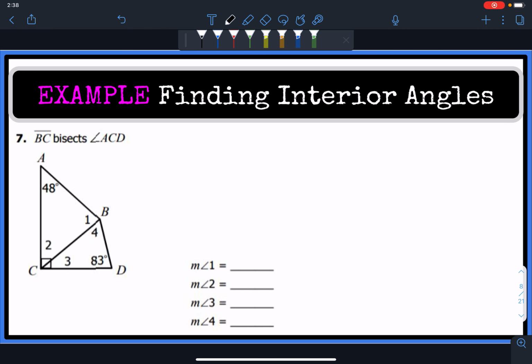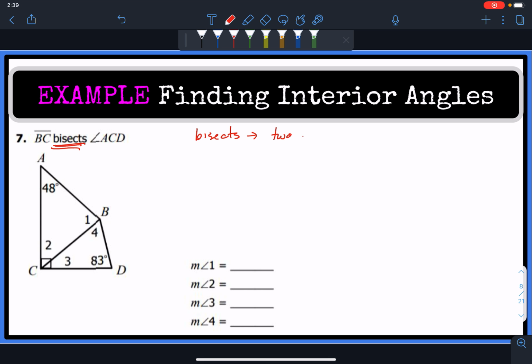Now for example 7, finding the interior angles here is going to require us again to recall prior knowledge about bisectors and what bisectors do. So bisectors create two equal parts, and in this case angles. We're talking about angles here and not segments.